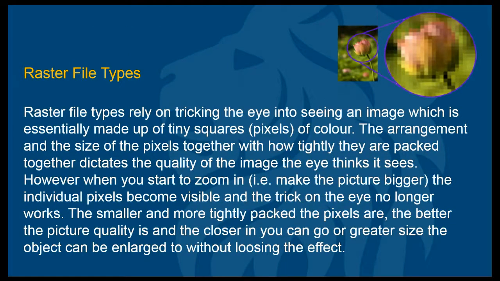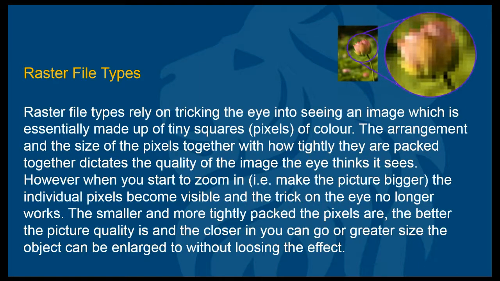So, raster file types. As I said, there are two file types, raster and vector. Rasters basically work on tricking the eye into seeing an image which is essentially made up of very tiny squares or pixels of color. That is epitomized by the graphic I've used on this slide.